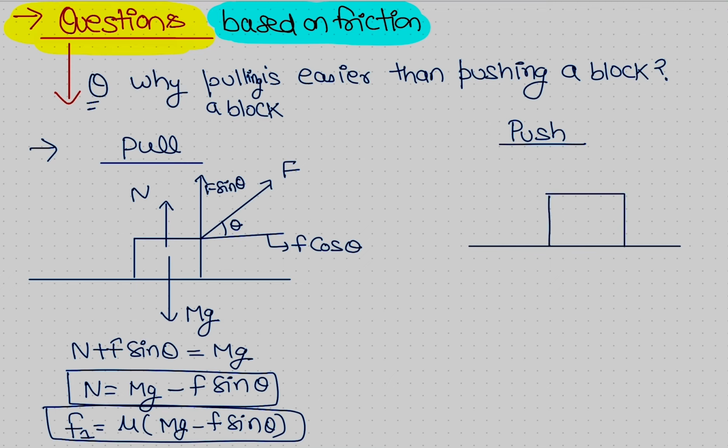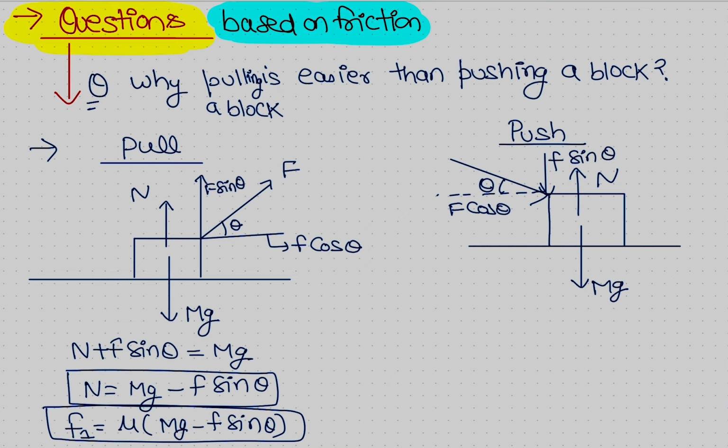And now in the case of pushing an object, weight is acting downwards, normal acting upwards. So this is a case of a push. The angle forming with the horizontal gives F cos theta, and this one is F sin theta.